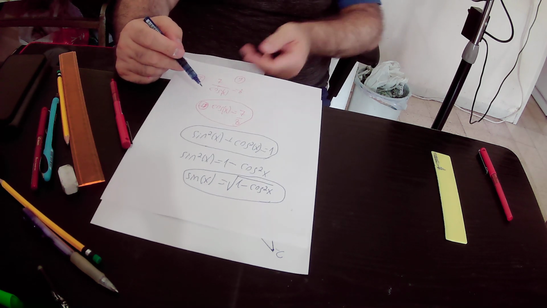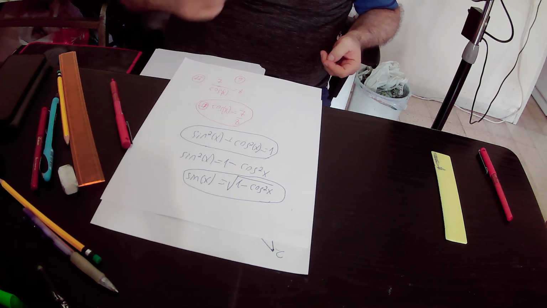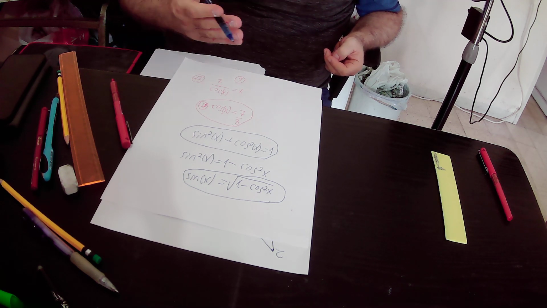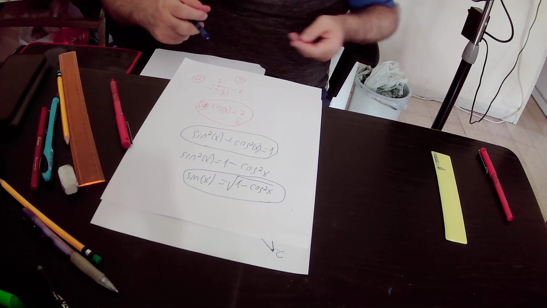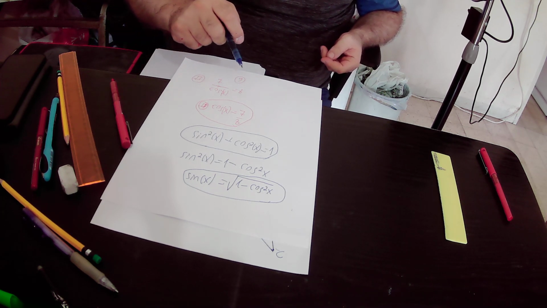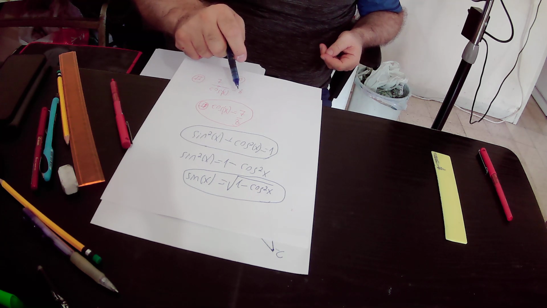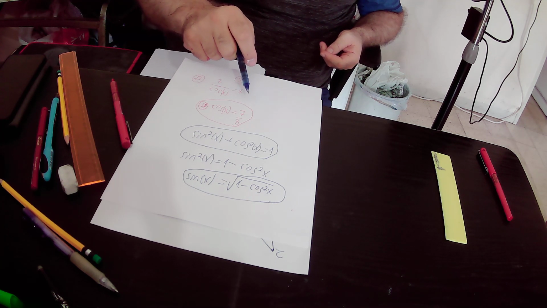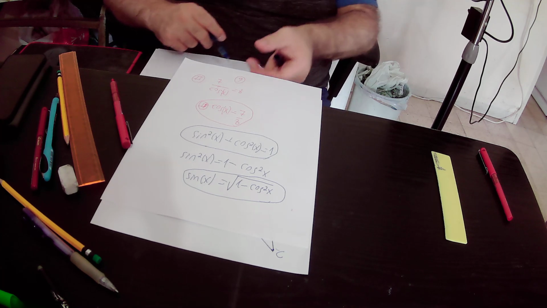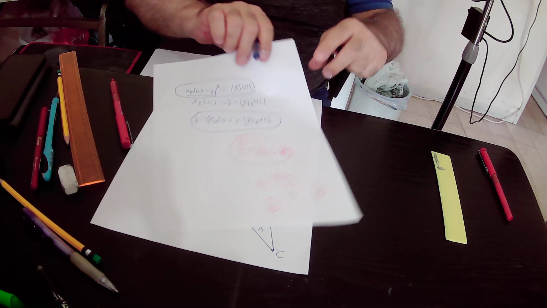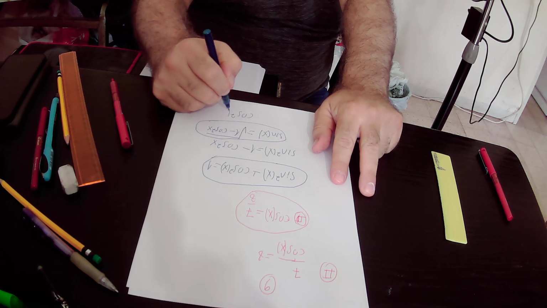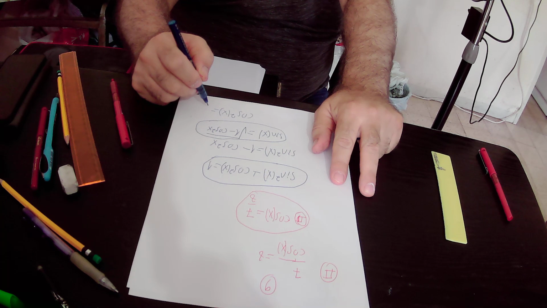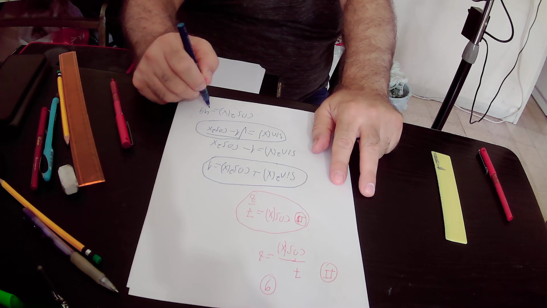But we know that cosine x equals 7 over 8. So if we square this equality, we will get the value of cosine square x. So cosine square x equals 49 over 64.